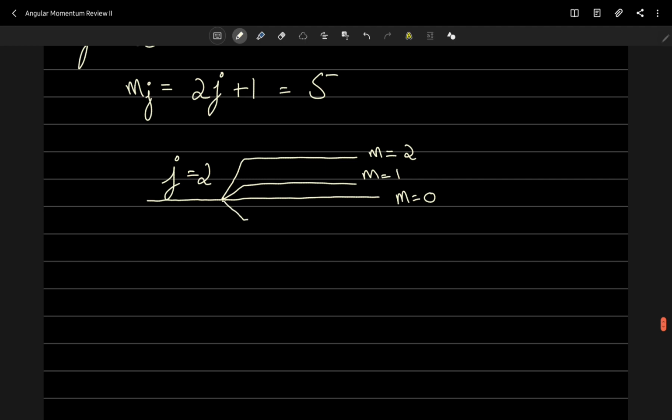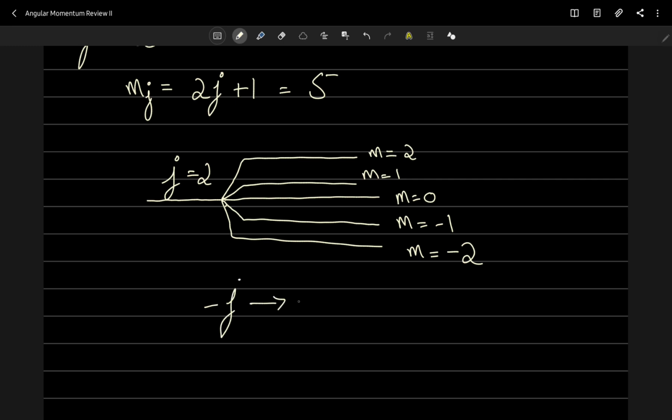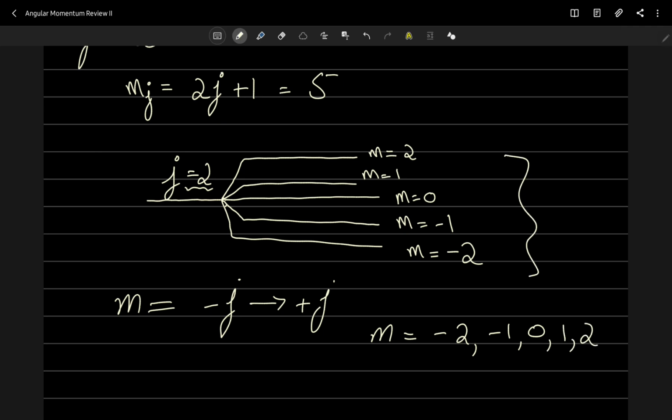And we would have the splitting of m equals minus 1, and finally m equals minus 2. So it's going from minus j to plus j. So m would have values minus 2 because j is 2, so minus 2, minus 1, 0, 1, and 2. And that's what we see over here. So that's how it splits into different m, right?